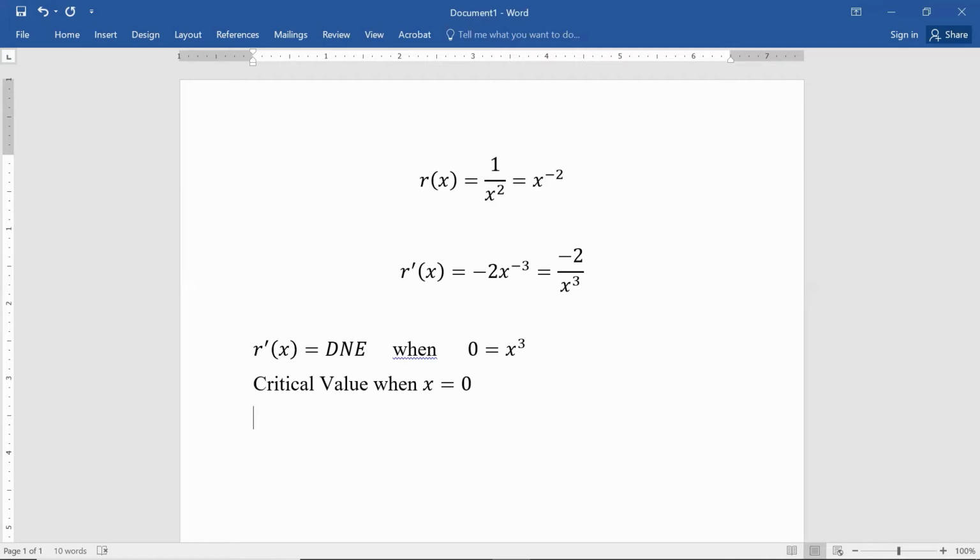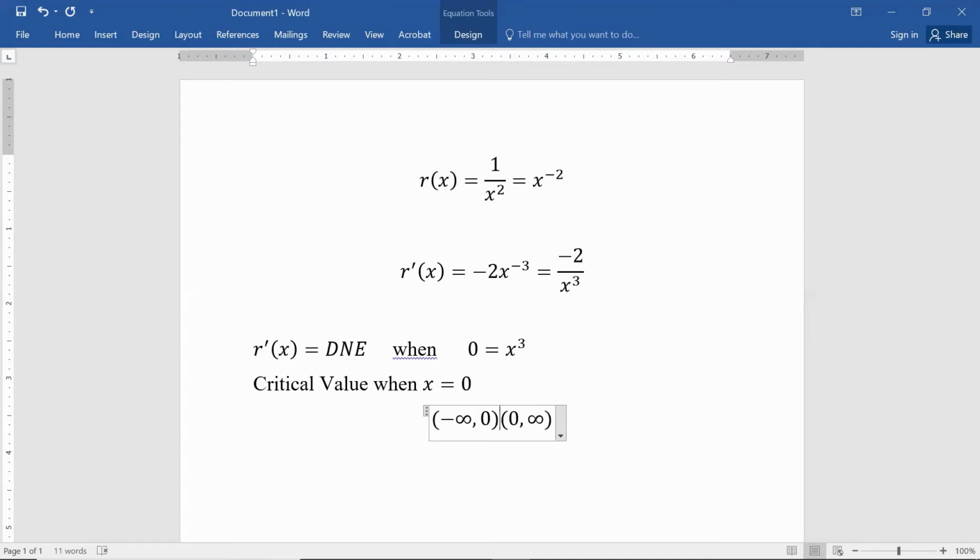If I'm looking for increasing and decreasing, we could break up the real number line at that critical value. So we could create an interval from negative infinity up to 0, and then we could take the interval from 0 to positive infinity.